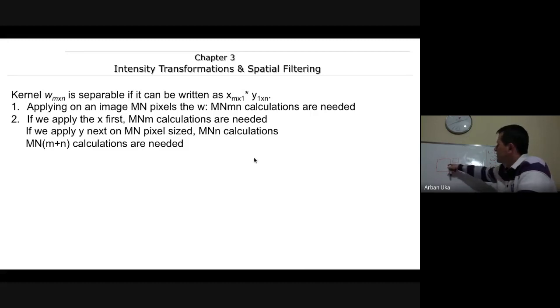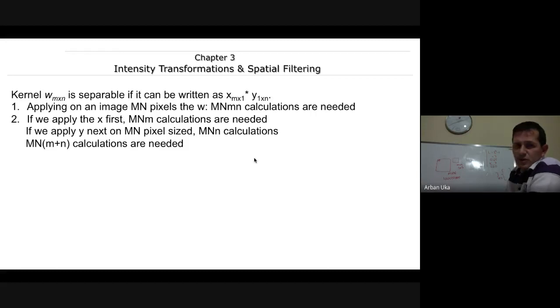So let's say the image would be 1000 by 1000, and here we have a kernel which is 3 by 3. Now, the number of calculations: for one pixel, we have 9 multiplications.